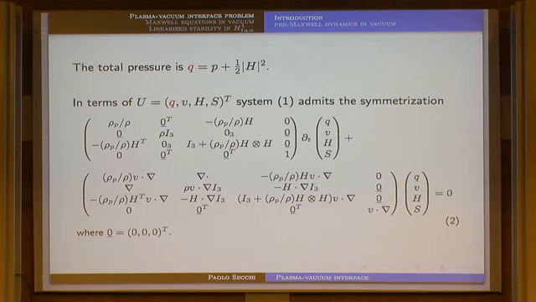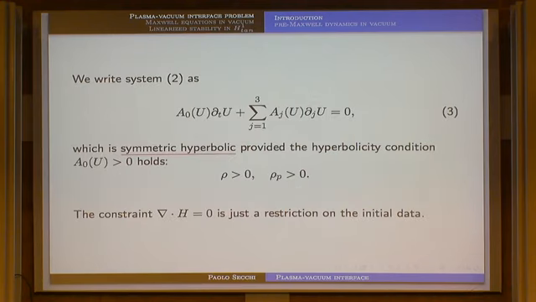This is the symmetrization that we get when we consider Q. Another good choice could be to take just P, which also can give the system of equations as a symmetric hyperbolic system, but here for us it is more convenient to take Q. Okay, and when we do this symmetrization, then we can write in a very short way the system here.